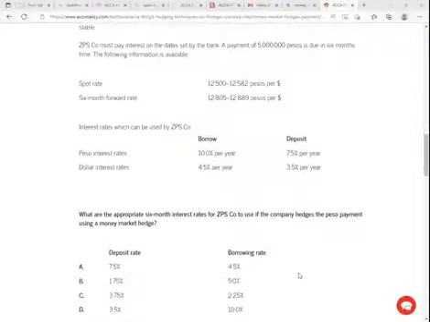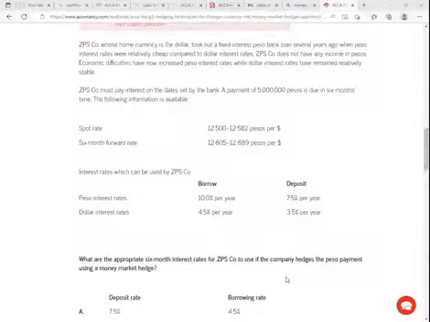Yes, we're looking at the same question, but this time using a money market hedge to hedge the peso payment. Very confusing question, this one.